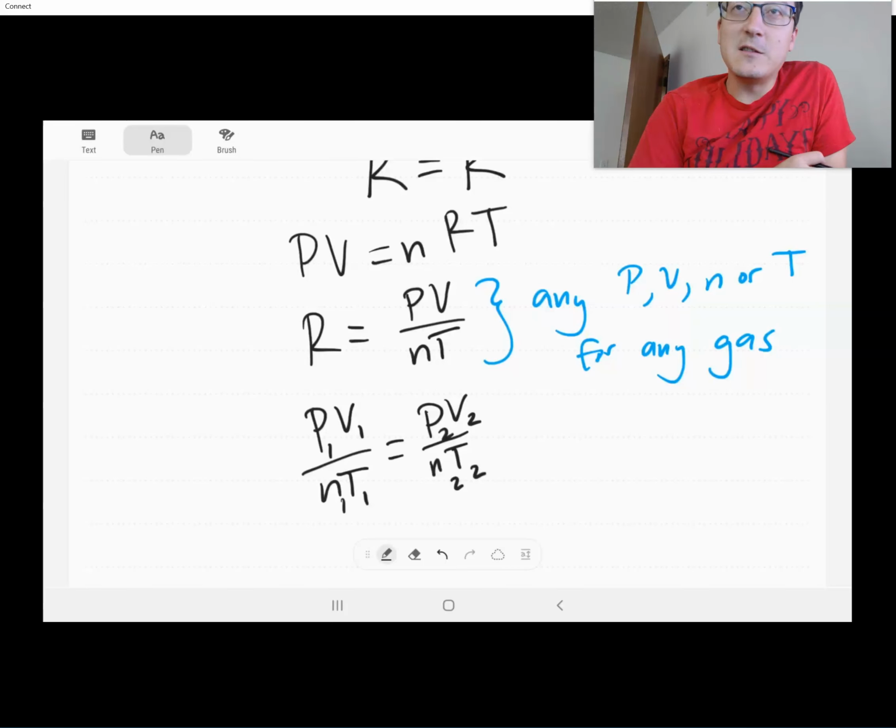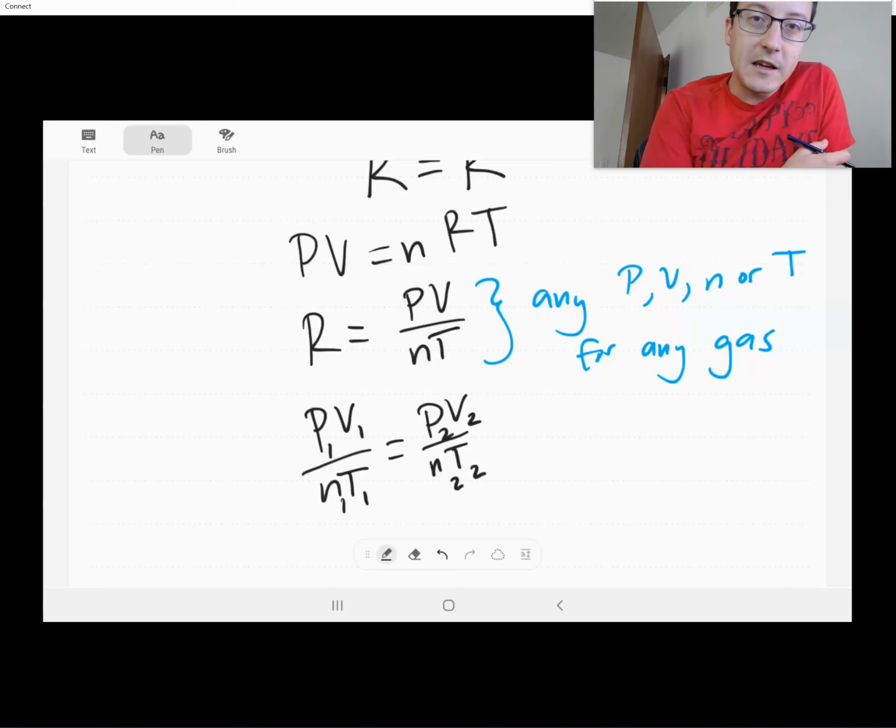So typically this will be used if you are changing one of these conditions. So if you're changing the temperature and you want to see what's going to happen with the pressure, if you keep the volume the same or something, or if you want to change the volume and pressure at the same time and see what happens with the temperature. So you can mess with a whole bunch of different variables now and predict what's going to happen with the other one.